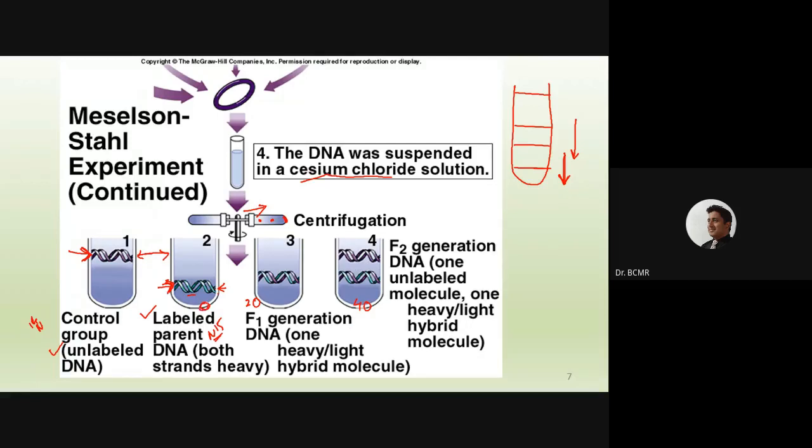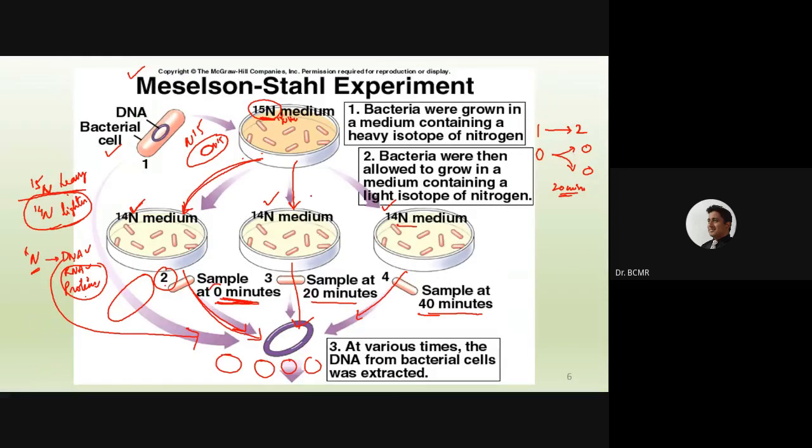If it is at 0 minutes, both the strands are made up of, or labeled with, N15. After 20 minutes, if I go back, you notice that from the N15 medium, we are putting it in N14. So any bacterium that is growing would have used the nitrogen present in the medium, and that nitrogen is N14, the lighter version.